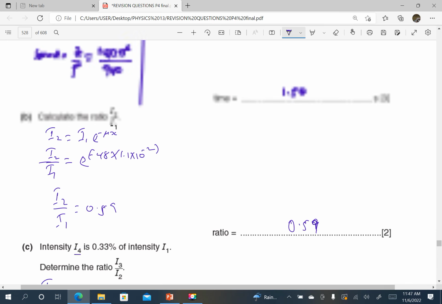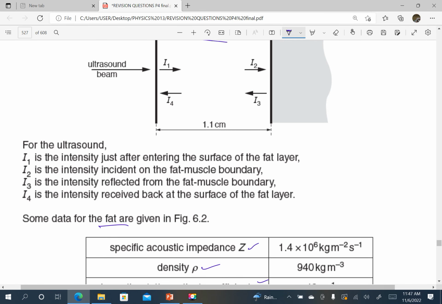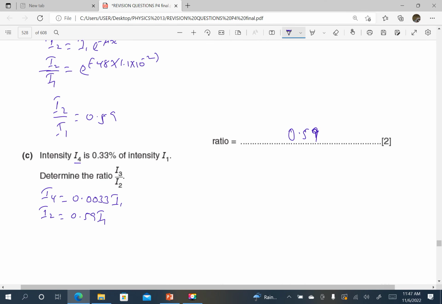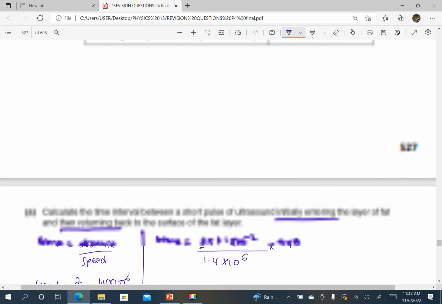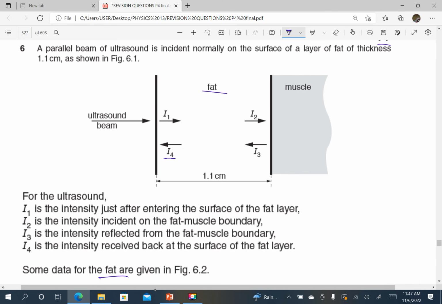Okay. Then I3, remember, it is at the boundary. And we don't have the acoustic impedances across the boundary. We only have for fat, so we don't need to use that. I4 is also transmitted through the fat in the opposite direction. So I4 is related to I3 because I3 is what leaves the boundary. I4 is incident on the surface in one, it has been transmitted this side, but what leaves the other side is I3.